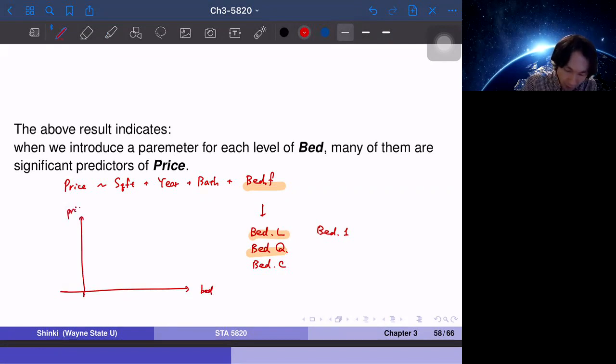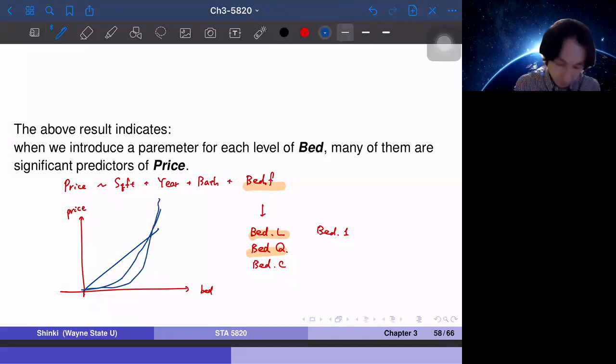At least we think about the linear function. Then next, the quadratic function. And the next cubic function and so on. And probably they use a different base because in this case, the cubic curve and the quadratic curve are really similar.